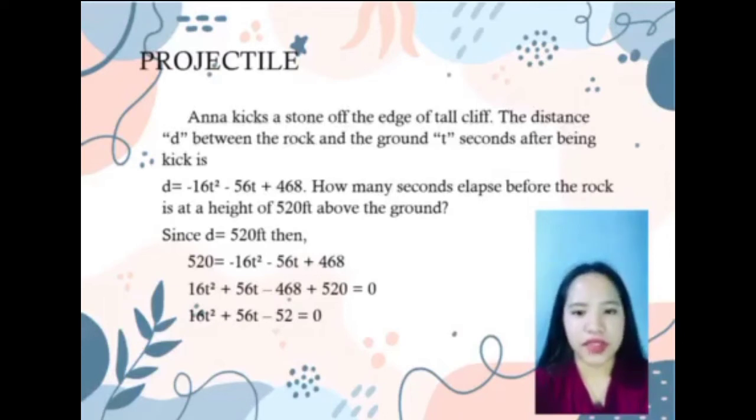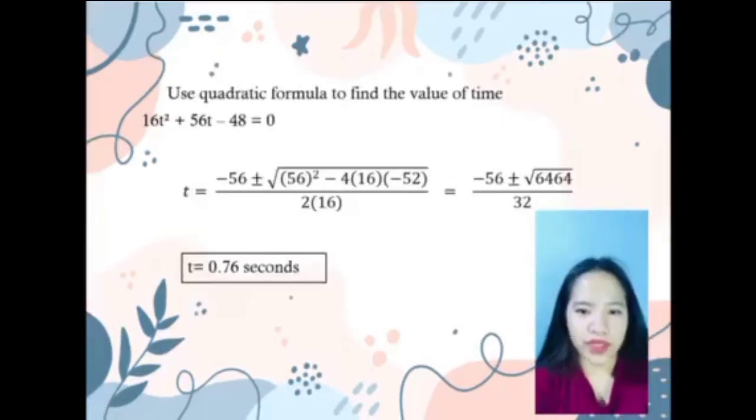Let's equate the equation to 0 and combine like terms. The equation now is 16t squared plus 56t minus 468 plus 520 equals 0. Then simplify it and the answer is 16t squared plus 56t plus 52 equals 0. Use the quadratic formula to find the value of time.